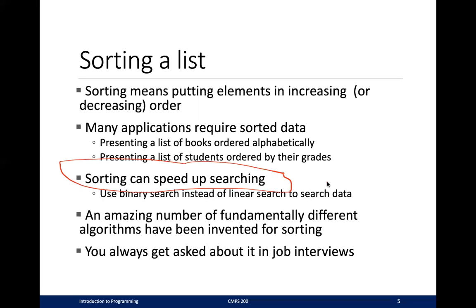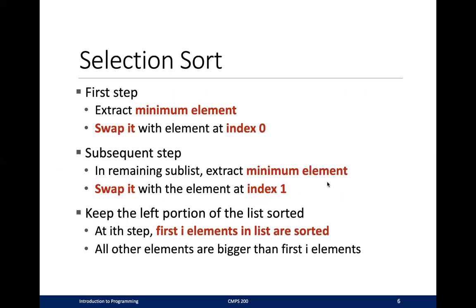I've experienced this in almost all technical exams that I've taken. I remember at Google, when I did an interview for an internship, the first thing they asked me about was sorting and the complexity of sorting. So it's really something that is important.